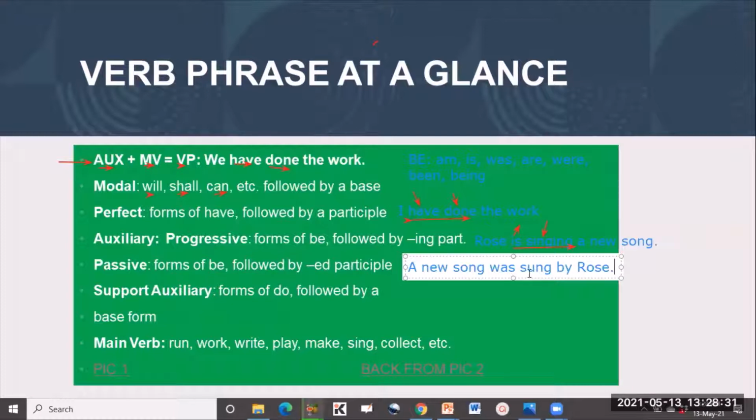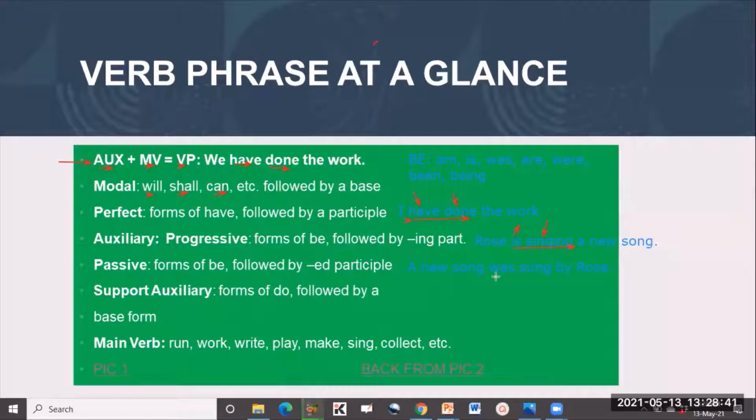All right? A new song was sung by Rose. So when we look at this, when we analyze it clearly, what we find is was sung is the verb phrase. Was sung. Here we have is singing. All right? But here we are taking a form of be, and then we are taking a past participle, sung.